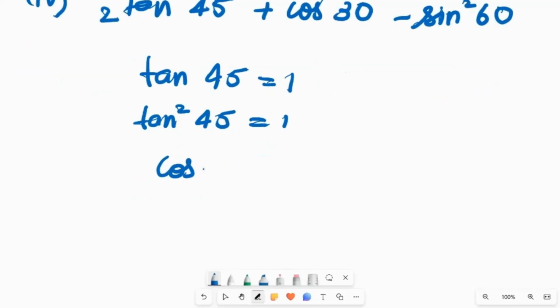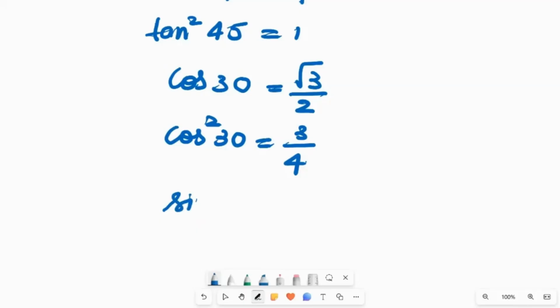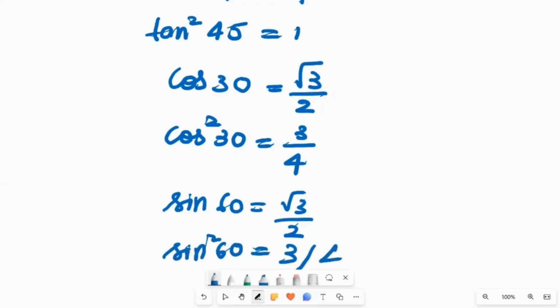Next, we know that cos 30 is equal to root 3 by 2. Then cos square 30 will be equal to 3 by 4. Next, sin 60 is also root 3 by 2, and if we square that, sin square 60 will also be equal to 3 by 4.